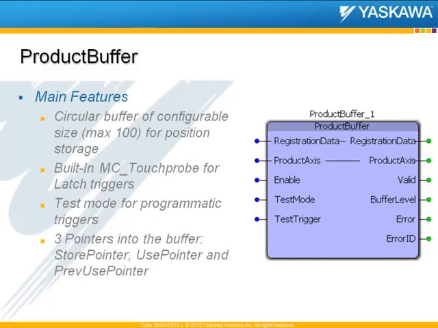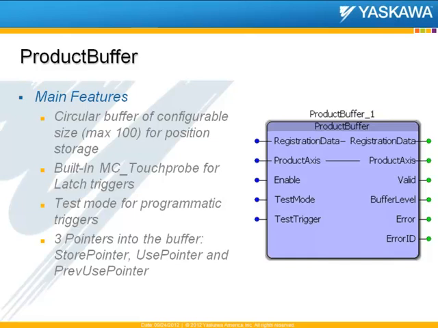So the main features of this product buffer is it has a place to store the captured data up to 100, but it is a configurable size, as we'll see. It has a built-in latch function using an MC touch probe.